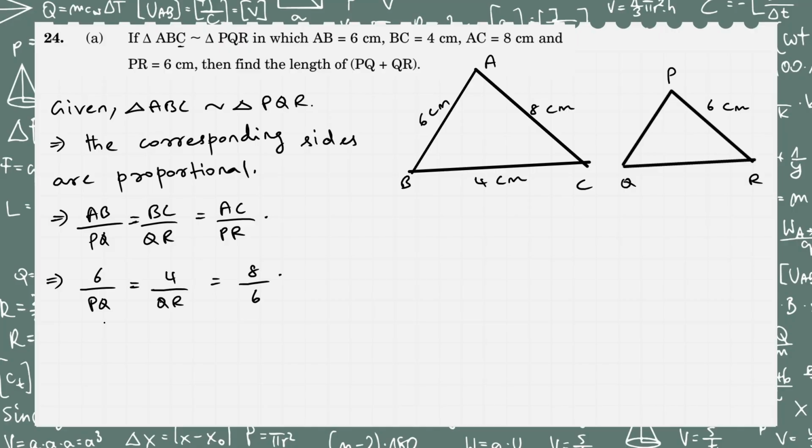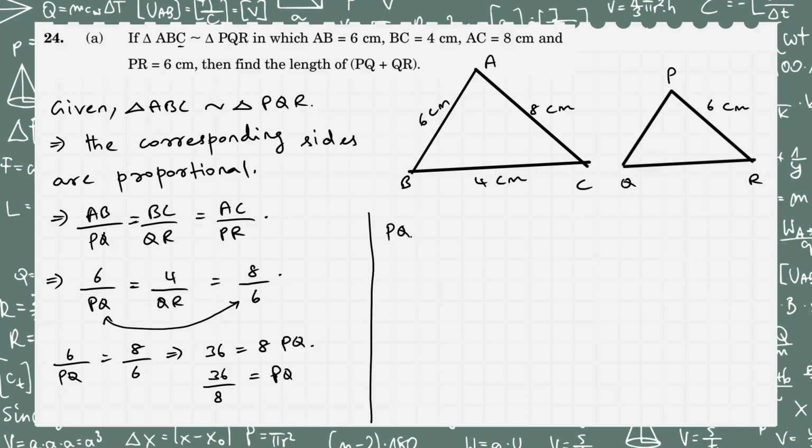Now comparing these two, we can say 6 by PQ equal to 8 by 6 implies, doing cross multiplication, we have 36 equal to 8 PQ. So PQ equal to 36 by 8. So that gives us PQ equal to 36 by 8 equal to 4.5, isn't it? 4.5 centimeter is the value of PQ.